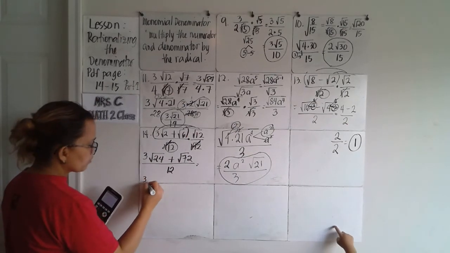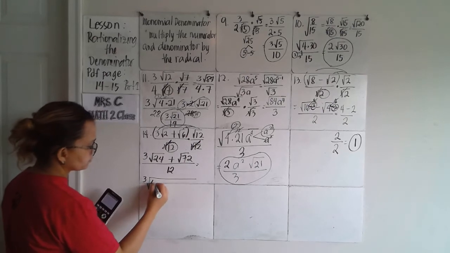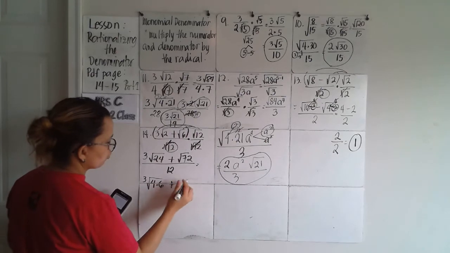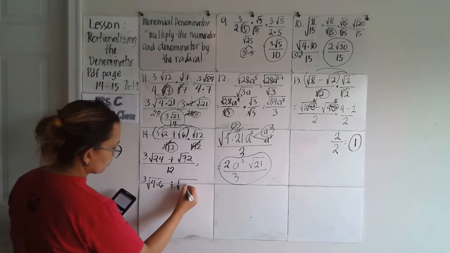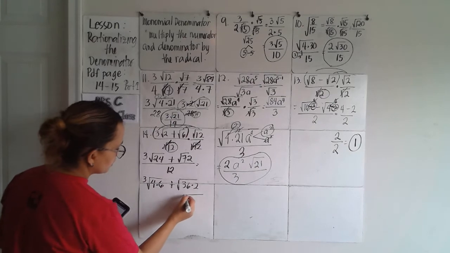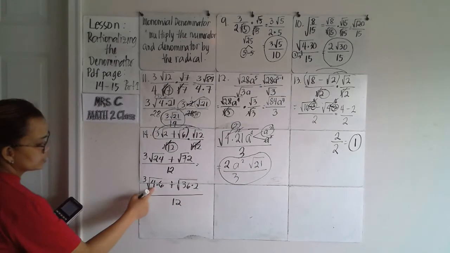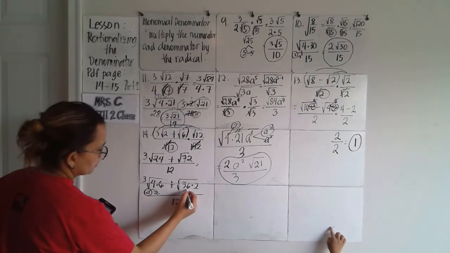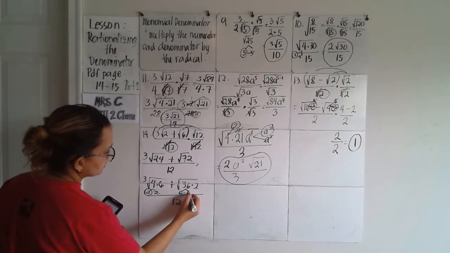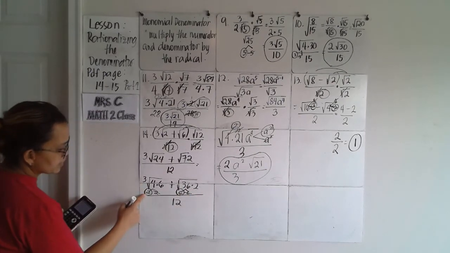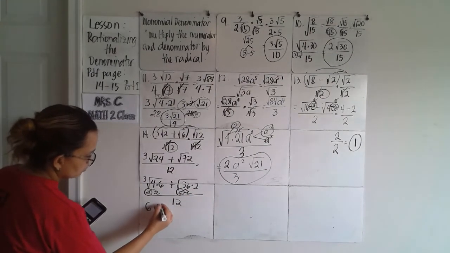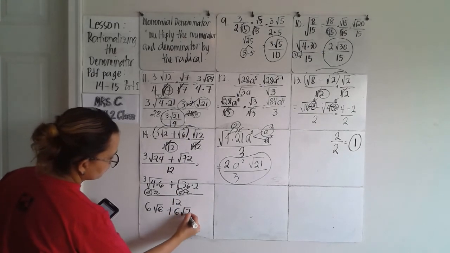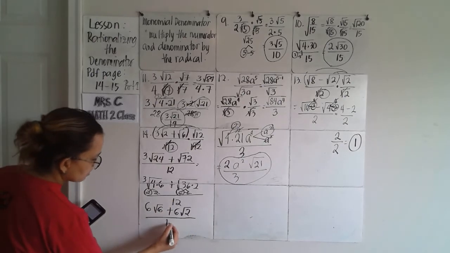So I will be rewriting all of these. 3 times square root of 4 times 6 plus square root of 36 times 2, divided by 12. What's the factor of 4? 2 and 2, cancel, take 1. What's the factor of 36? 6 and 6, cancel, take 1. 3 times 2 is 6, square root of 6, plus 6 square root of 2, divided by 12.